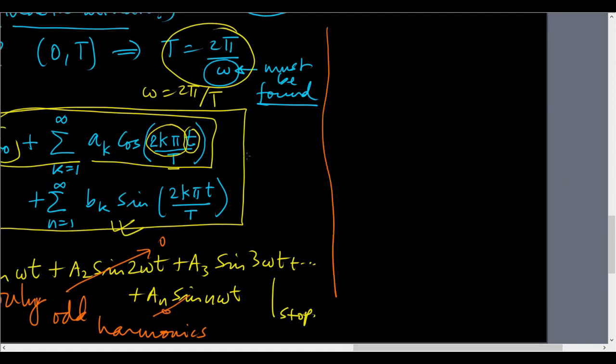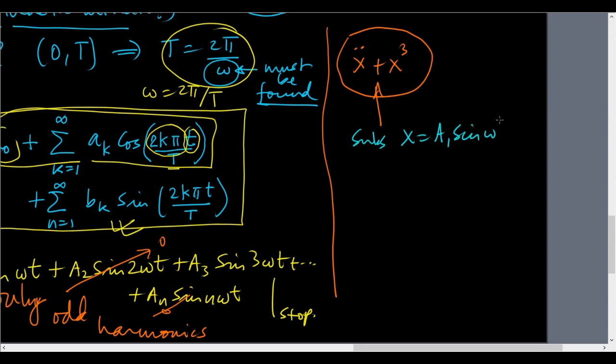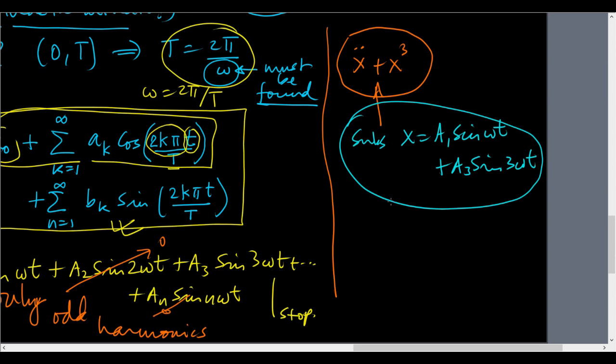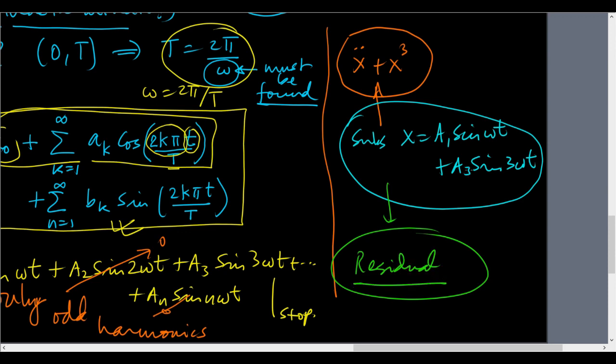but over here also, what we will do is we will take x double dot plus x cube as the differential equation. Into that we will substitute x equals a1 sine omega t plus a3 sine 3 omega t, for example, and that's a two-term approximation, and that will give me a residual which cannot be 0 for any choice of a1 or a3 or omega.